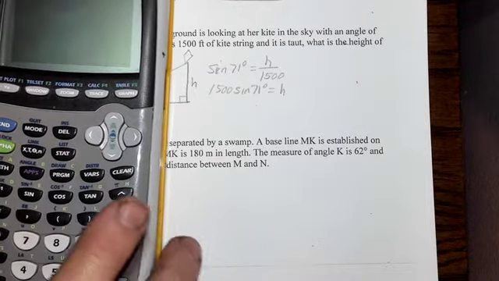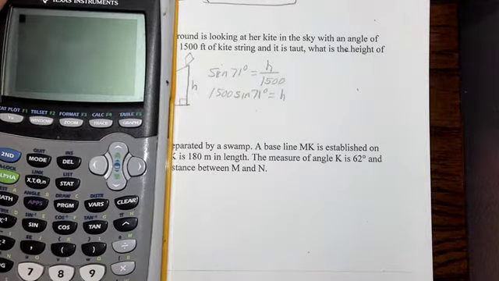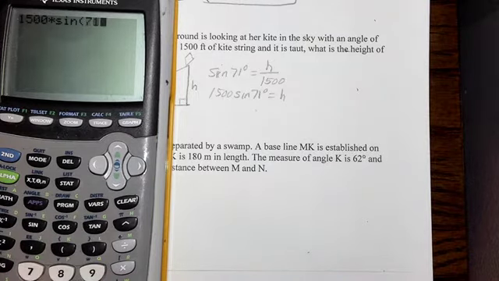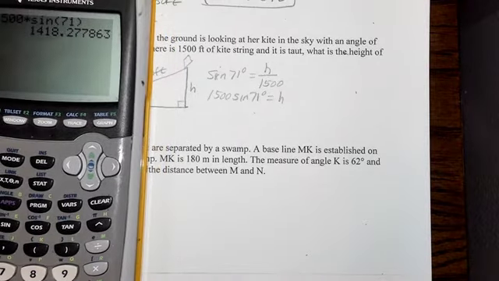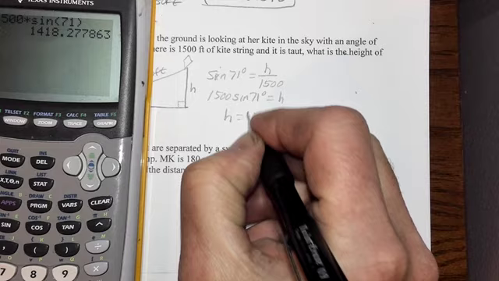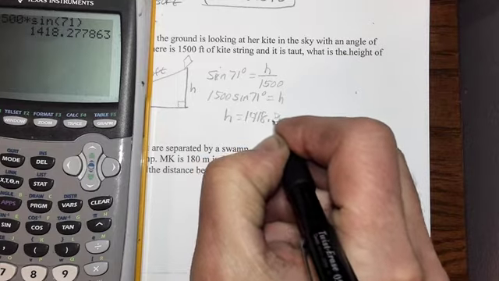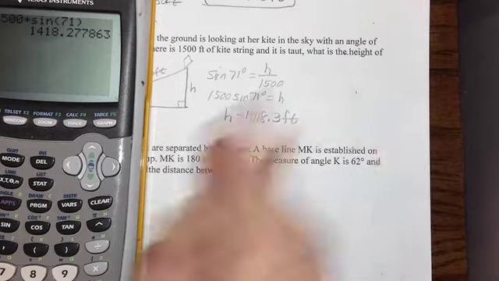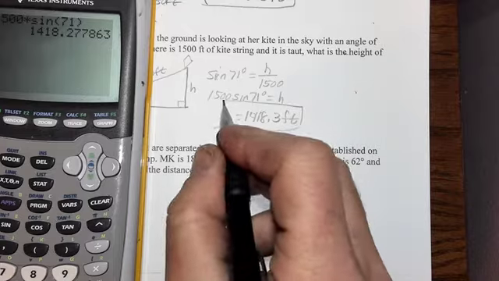And again, then you take your handy little calculator and you go 1500 times the sine of 71. And you get 1418.3. And that would be feet. And that would be your answer.